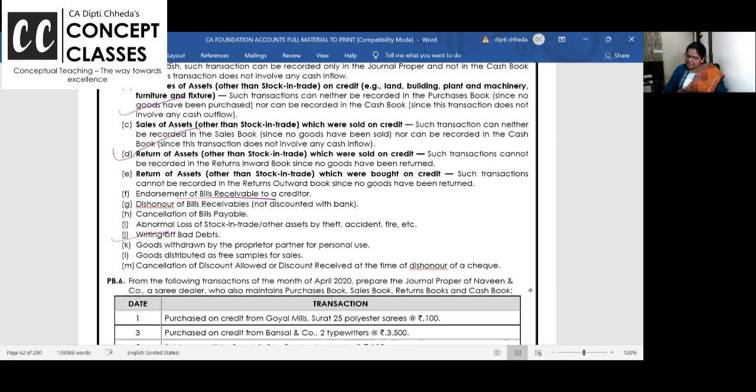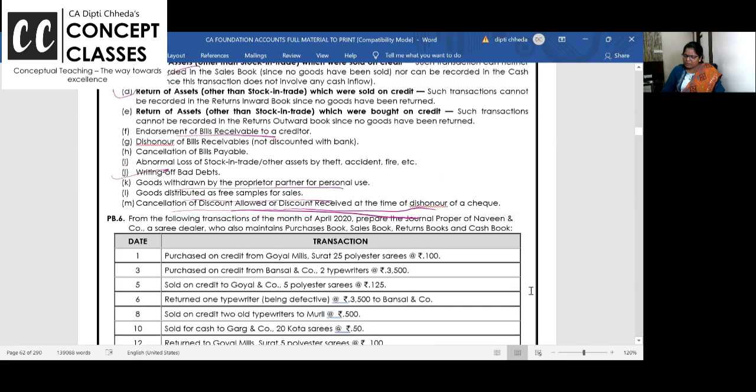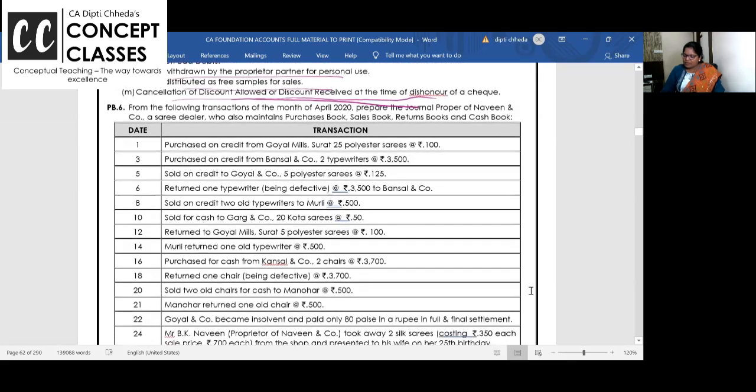So all these kind of special entries, discount allowed, goods withdrawn and all, free sample, cancellation of discount allowed and all this we will record in the journal proper. So now, is anyone in the class having doubt?